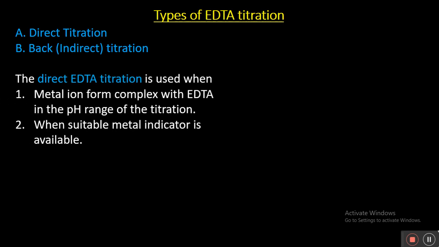In direct titration, the direct titration is used under two conditions: when our metal ion forms a complex with the EDTA in the pH range of this titration, and when a suitable metal ion indicator is present for our titration. This is an important point. When we do the titration in some range of pH, in that range our metal ion should form a complex with the EDTA.